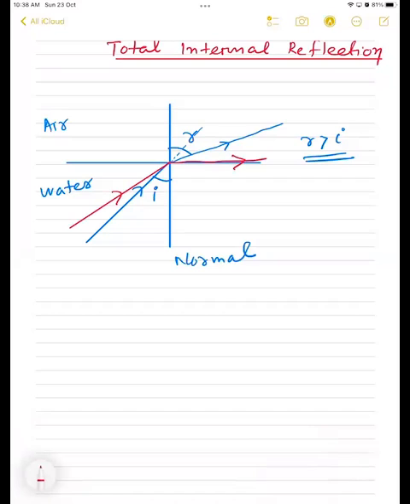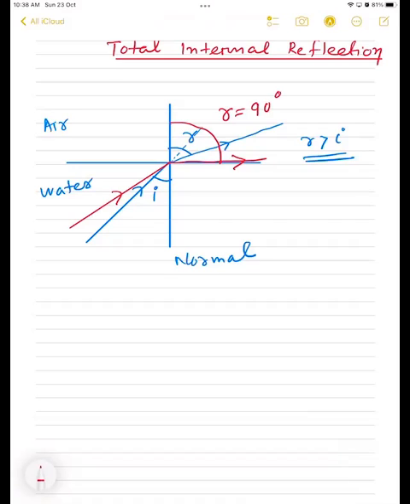The case will arise or not, because you are increasing the angle of incidence and the angle of refraction is increasing. Correct, na students? Yes, sir. So at that time the angle of refraction is going to be 90 degrees, correct?